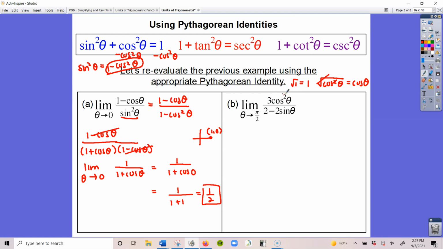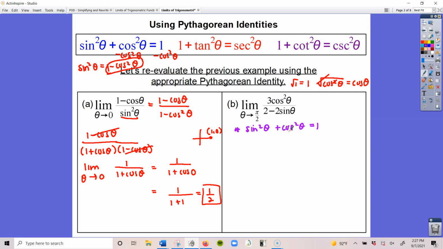Here in the numerator, I have cosine squared. So I'm going to use my Pythagorean identity. I'm going to switch colors here because this is just using the identity, which is sine squared theta plus cosine squared theta is equal to 1. I want to substitute cosine squared theta with the appropriate identity.